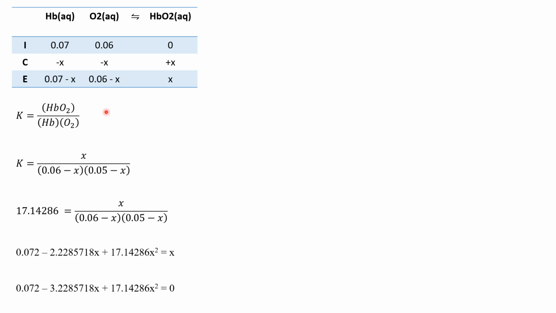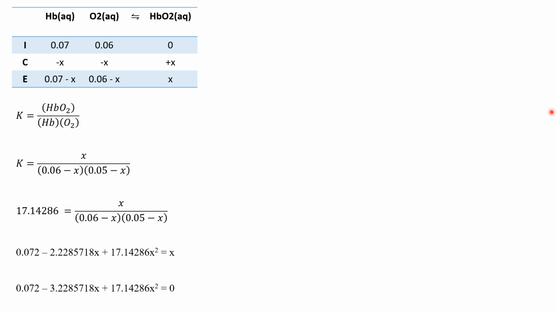We can see that when we lay out our equation, we input our values, we input the value of our K, and then we solve so that everything is equal to 0. Now, this equation doesn't lead us straight to the X value. We need to use the quadratic formula to find the value of X. I invite you to pause the video, solve for X, and come back when you're finished.